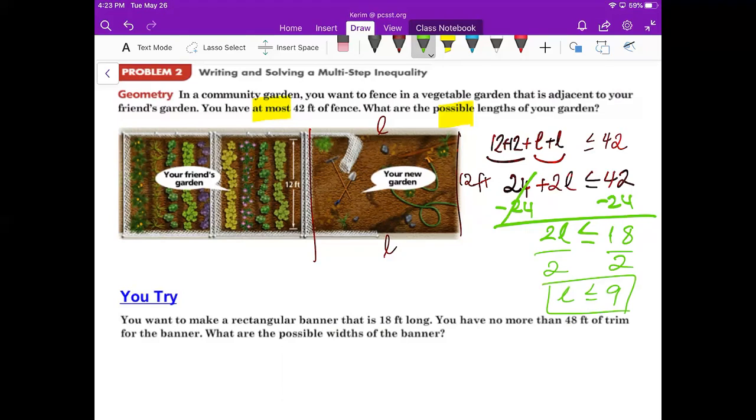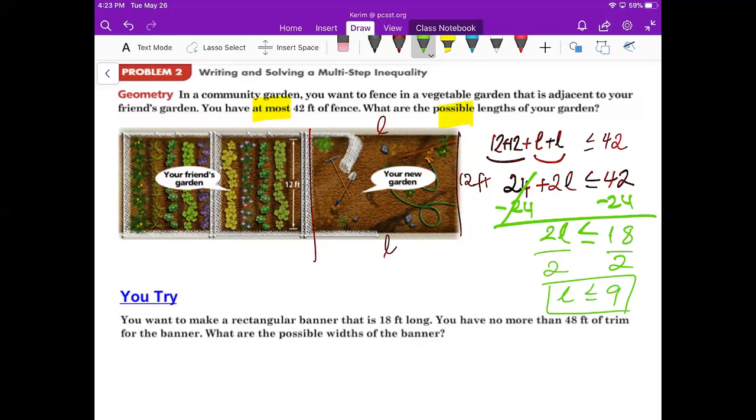Or if my fence is less than 42, let's use a number, say 38, okay? Then if I have 24, I subtract 24 from 38, which gives me 14, divided by 2 is 7. So each side is going to be 7. So I have many options, but the possible answer is 9 or less.